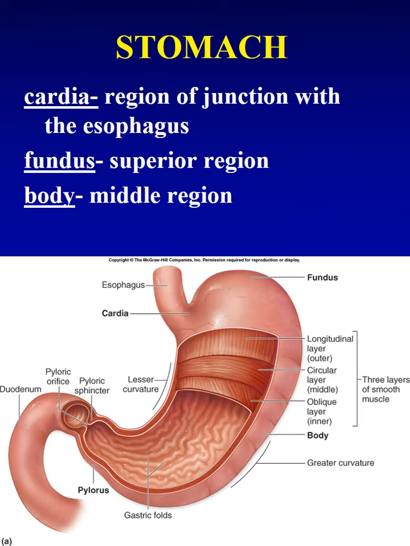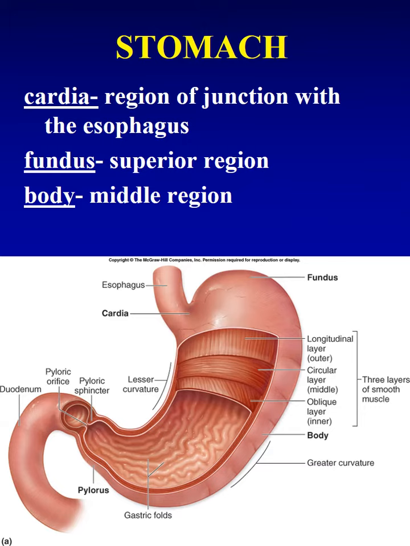Chyme has the consistency of a paste-like soup, and the stomach facilitates mechanical digestion by contractions of its thick muscularis layer, initiating the churning and mixing of the bolus and the gastric secretions. The stomach facilitates chemical digestion through gastric secretions of different acids like hydrochloric acid and different enzymes like pepsin.